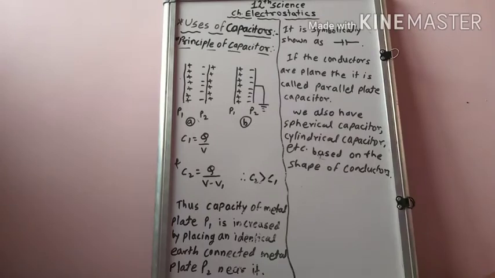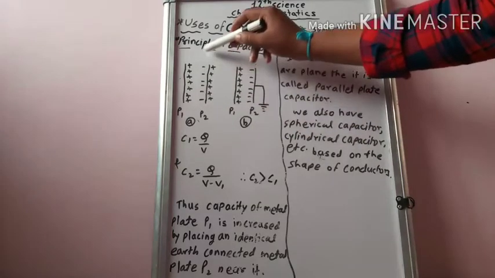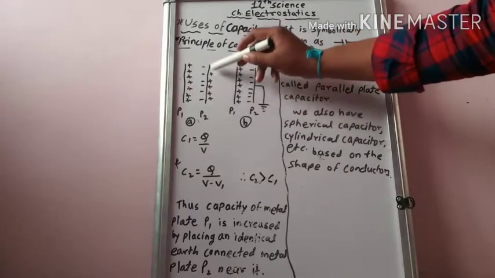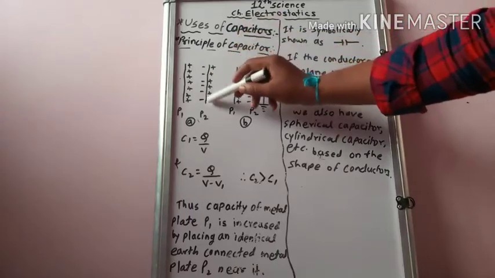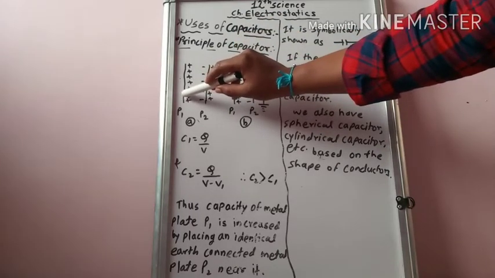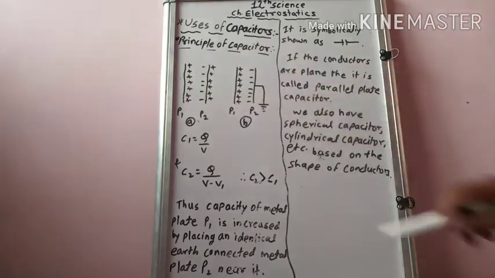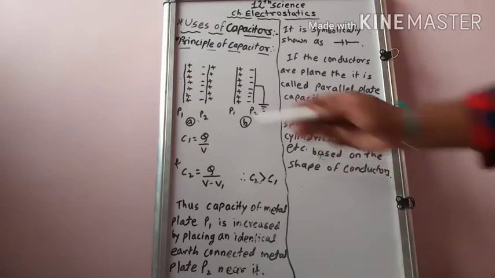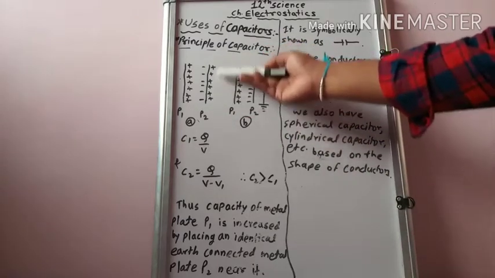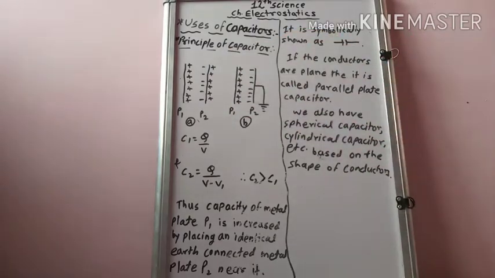This induced negative charge lowers the potential of plate P1, and the induced positive charge raises the potential of plate P1.